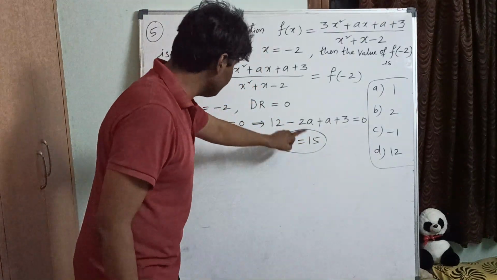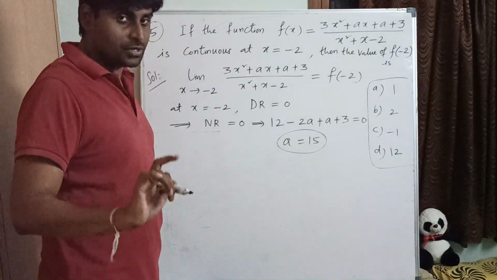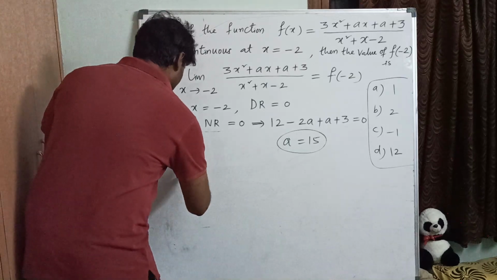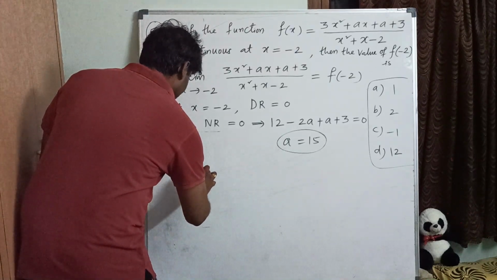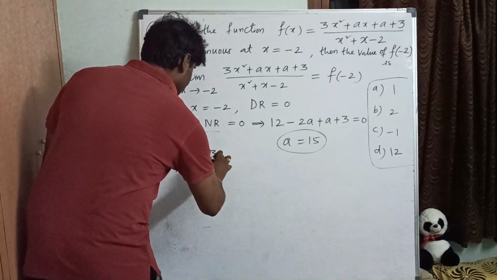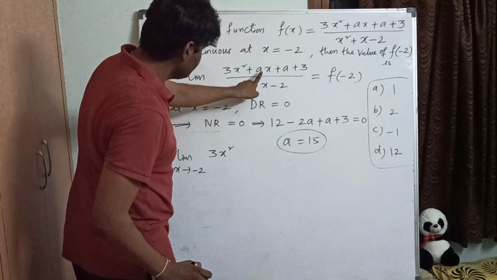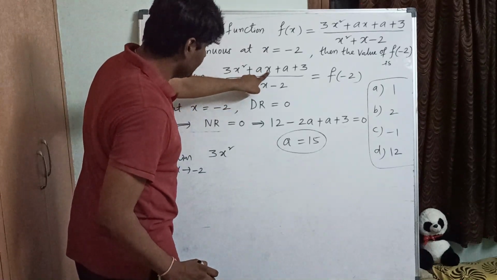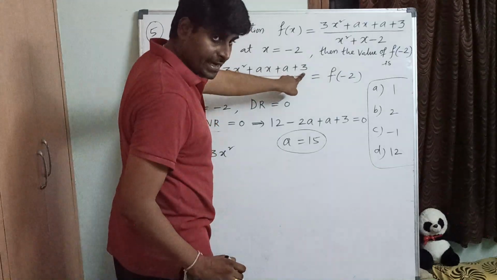Then when I substitute the a value back, this function will become the original. The numerator will become original now. So what is our function? Limit x tends to -2 of 3x square plus 15x, where the a value 15 is there, plus 15 plus 3, 18.